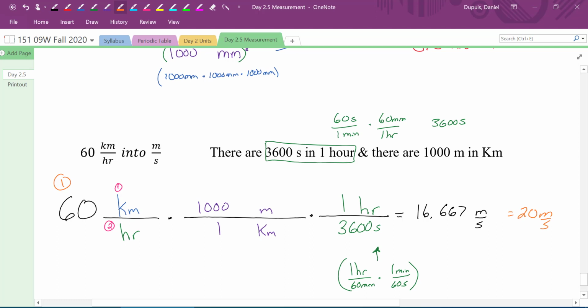And that's just how it works. It looks like you're losing some, but you're not. Now, if it was 60.0 kilometers per hour, I would make it 16.7 meters per second. So how accurate our measurement is to begin with determines how precise our measurement is at the end. All right?